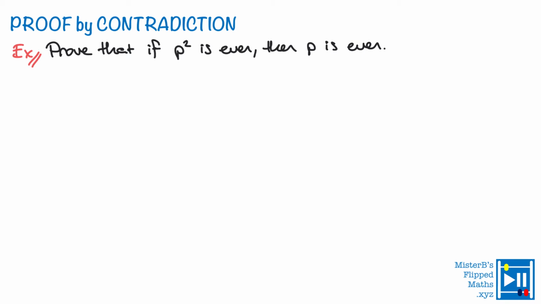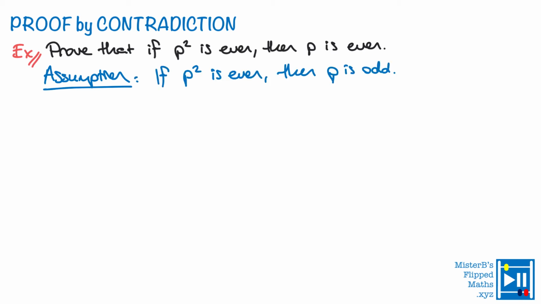Prove that if p squared is even, then p is even. Now first of all, we have to start with assuming that the negation of this is true. Hence, first I'm going to write my assumption that if p squared is even, then p is odd. Remember, we were altering the then part of if-then statements to write the negation.